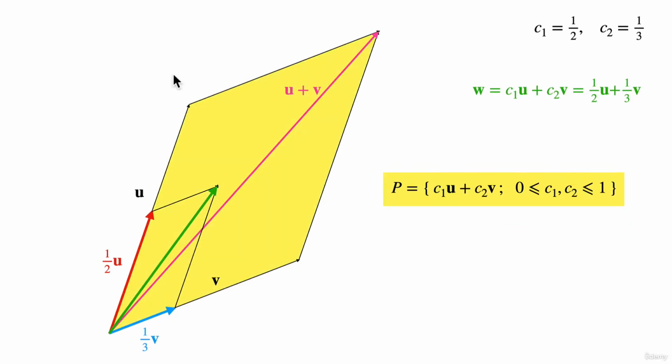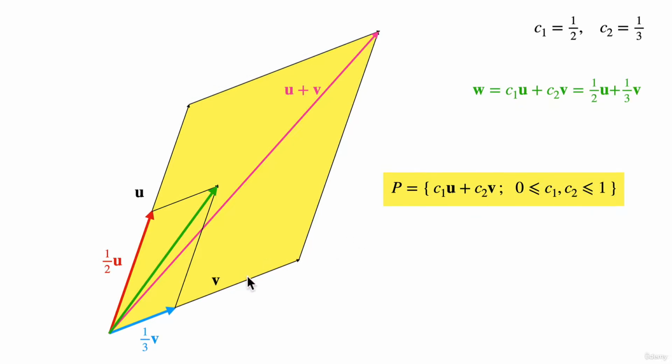So now in particular, think about the following situation. If we think that we have the origin here, then we can obtain this entire parallelogram spanned on the vectors u and v by performing those linear combinations with the coefficients c1 and c2 between 0 and 1. Why?